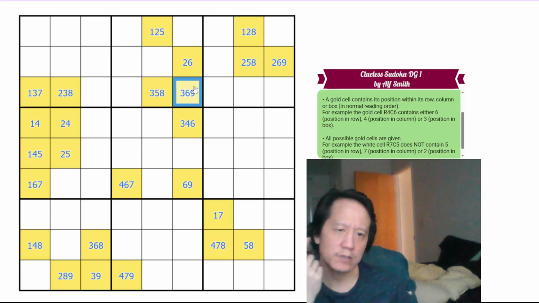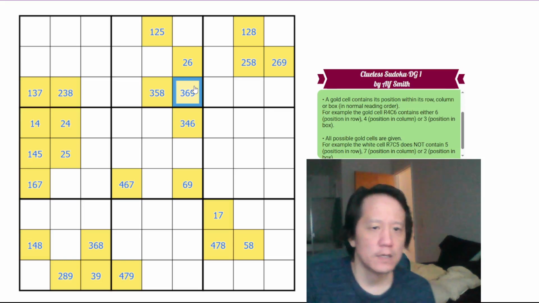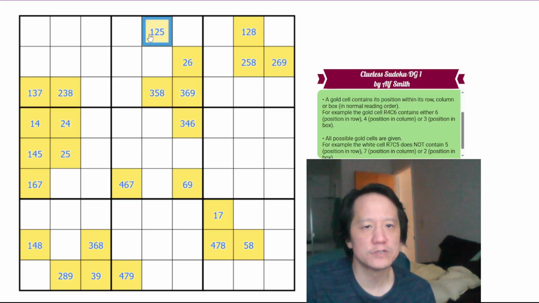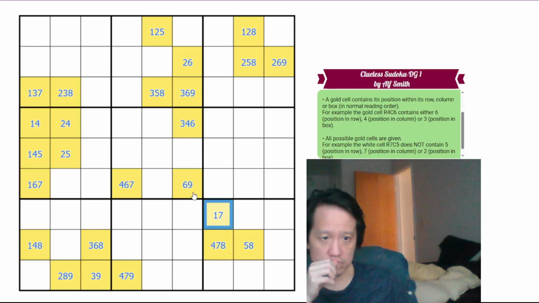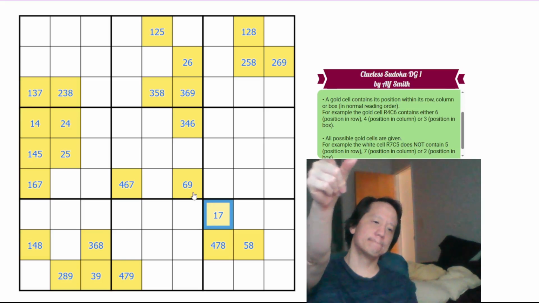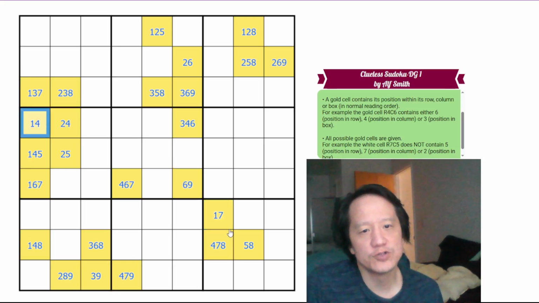Okay, how many upper left cells do we have? We have one. Okay. That makes sense. Oh, no, we have two. Never mind. But one of them has to be one, right?